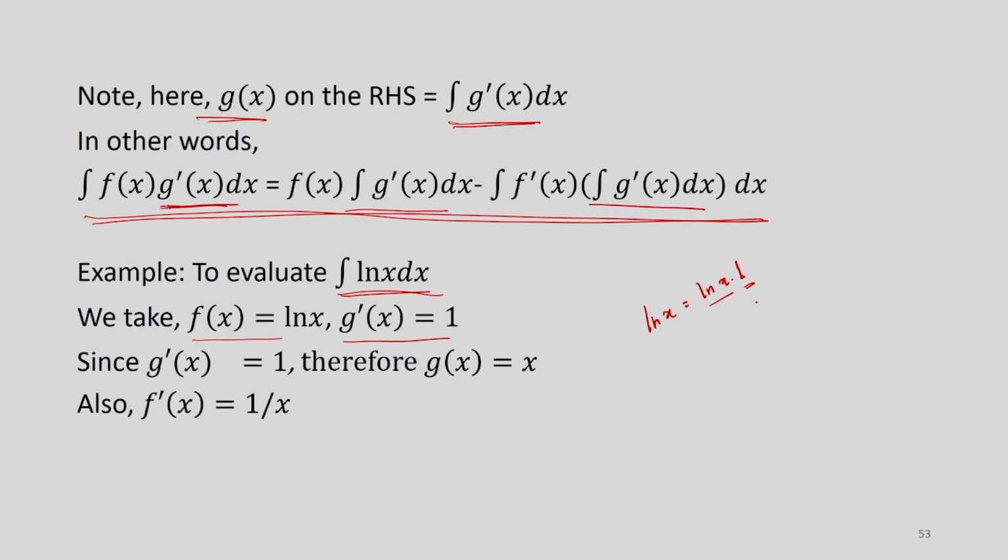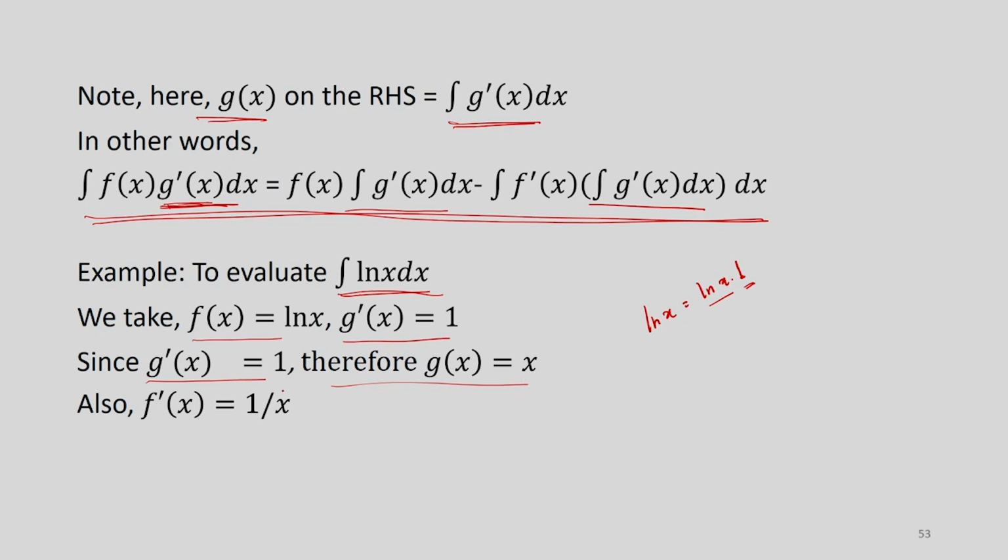So, 1 is equal to g prime x, which is the second function that appears in the formula of integration by parts. Now, if g prime x is equal to 1, then we can take the antiderivative of both sides, that is the integration, and if I do that, I get g x is equal to just small x, right.